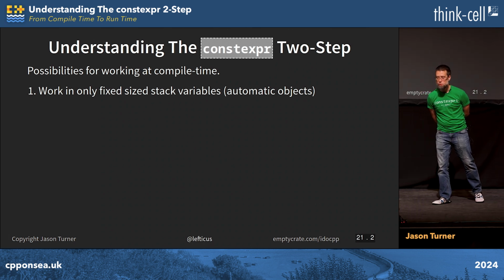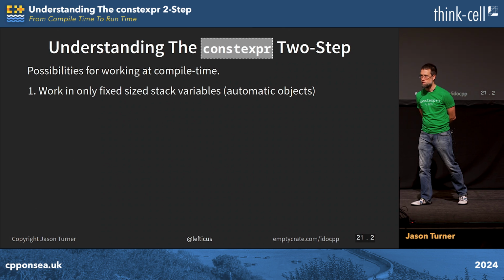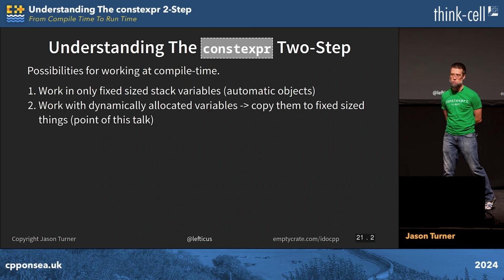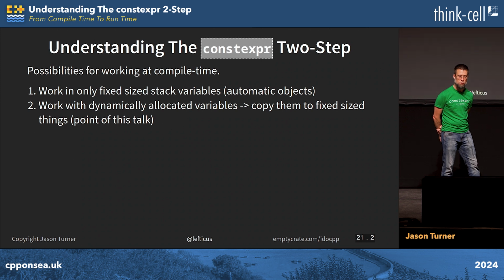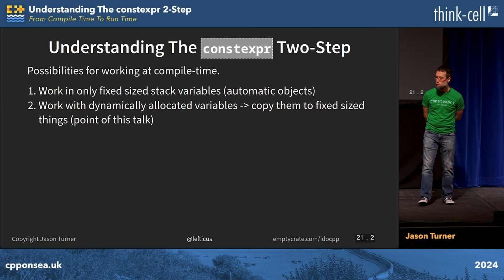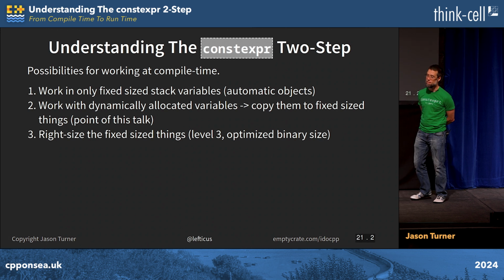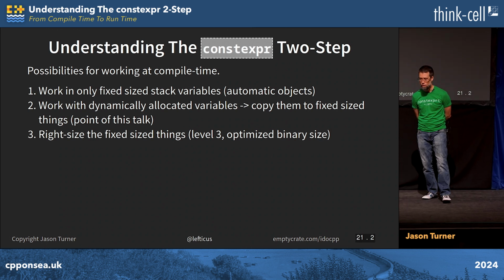All right, so our possible options are we work with only fixed-size known things. This is how we did constexpr before C++20, and it was annoying. Our second option is to work with dynamically allocated things at compile time and then copy those things into fixed-size things. It's basically what we did.